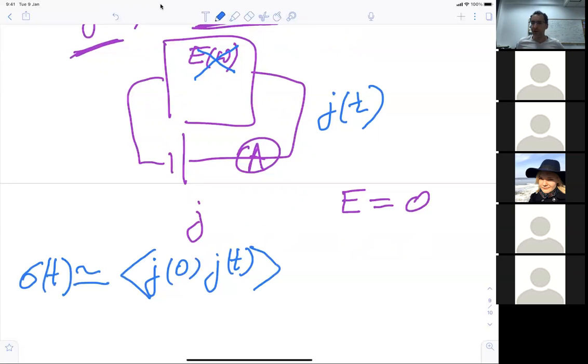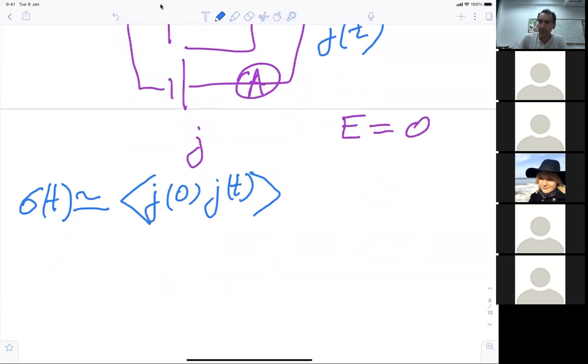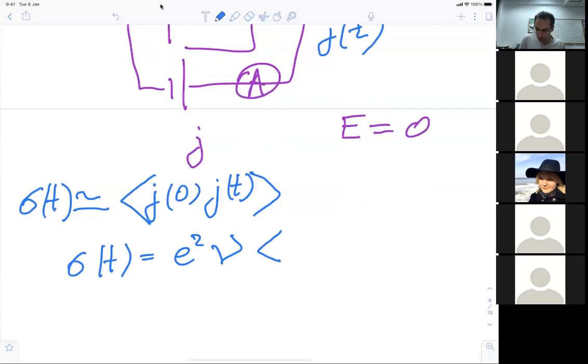So I have two complementary ways of looking at the problem: to turn on the electric field and compute the response, or I don't turn on the electric field and I consider the correlation function of currents, or more carefully, in this case, I need to compute the correlation function of velocity operators.